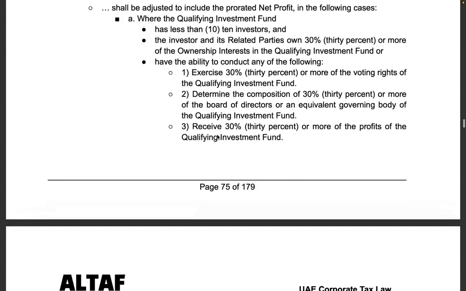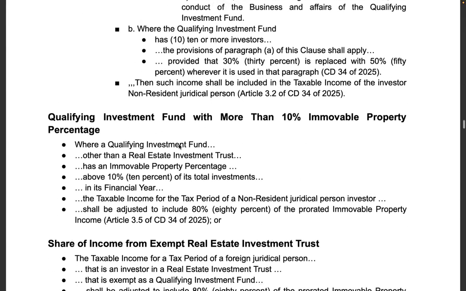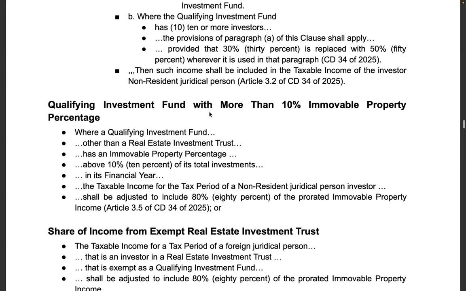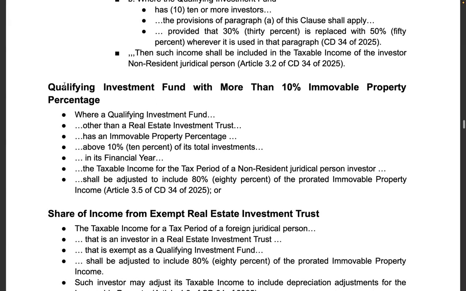Okay, so this was a qualifying investment fund. So, a qualifying investment fund with more than 10% immovable property percentage. What if that qualifying investment fund is also earning income from immovable property?